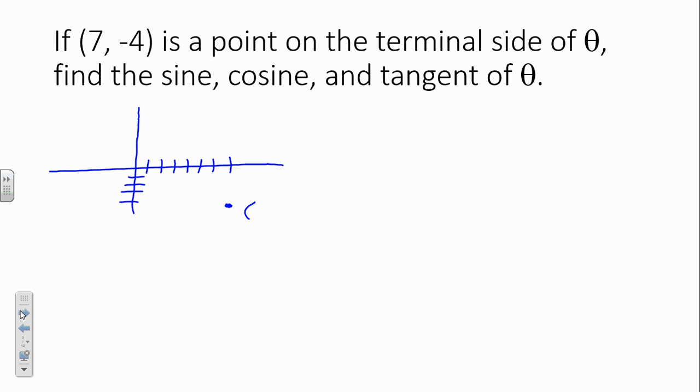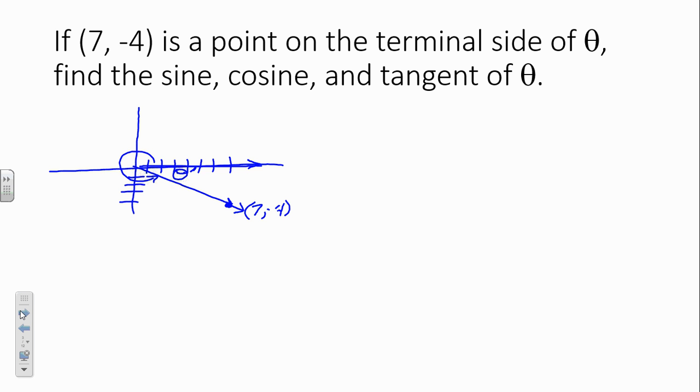That 7, negative 4, is a point on the terminal side of a ray. Here's my initial side. So here's my theta. And we want to find the sine, cosine, and tangent of that theta. Turns out it's going to be the sine, cosine, and tangent of that reference angle. Okay?